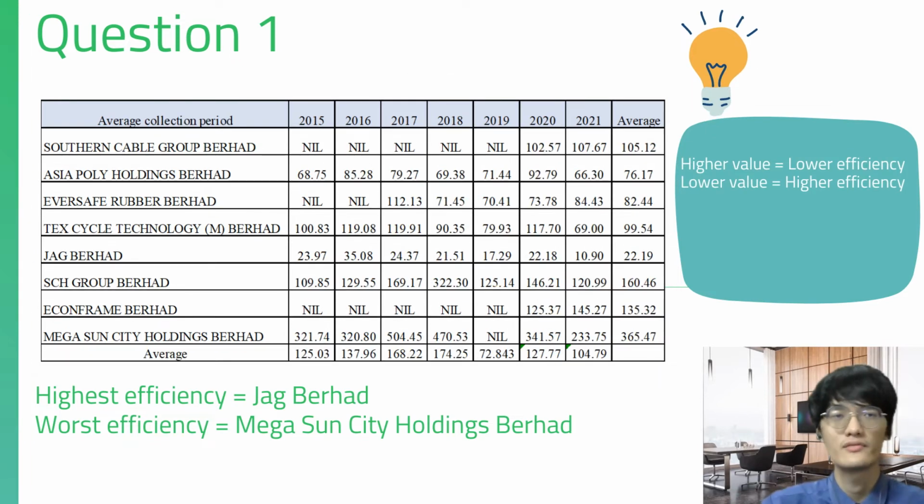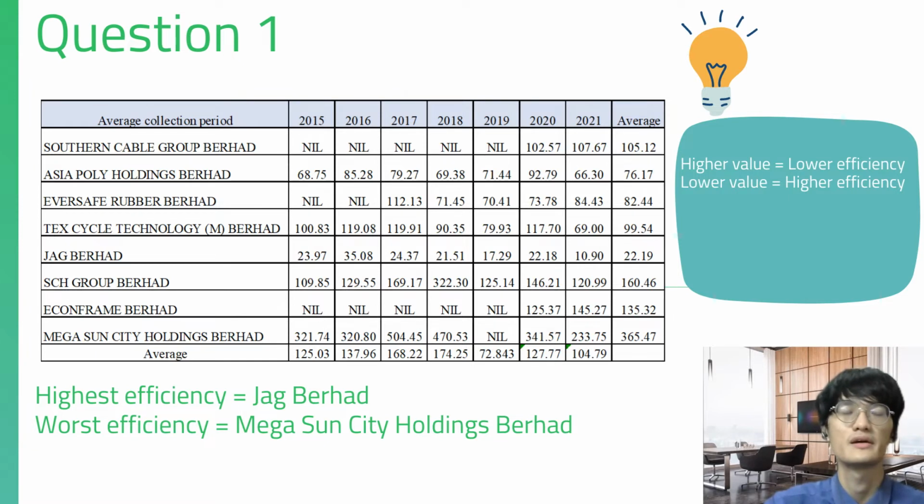A relatively shorter collection period shows that the company has higher efficiency in collecting payments from its clients quicker, while the shortcoming is that the company might have strict and shorter credit terms on its clients. On the contrary, a relatively longer collection period shows that the company has low efficiency in collecting payments from its clients.